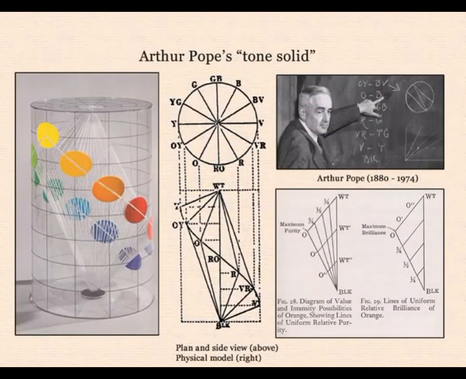Ross's system was further developed as a colour space by his former student Arthur Pope. As seen in the figure on the lower right, Pope shows how Ross's hue planes could also be subdivided according to the relative purity or saturation and relative brilliance or energy of vibration of the reflected light producing each colour.